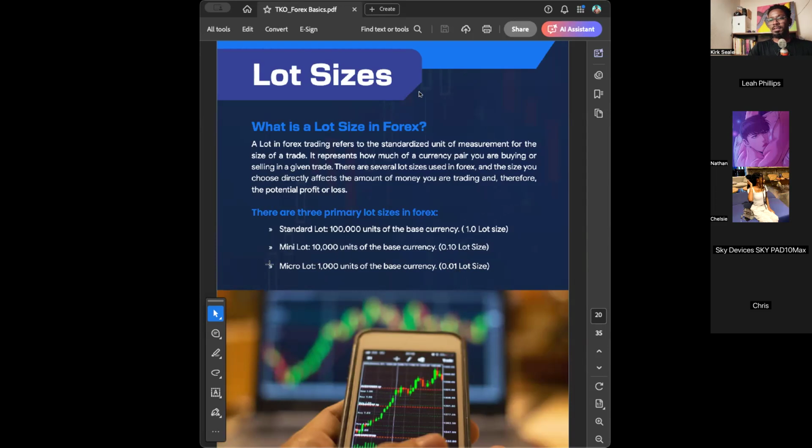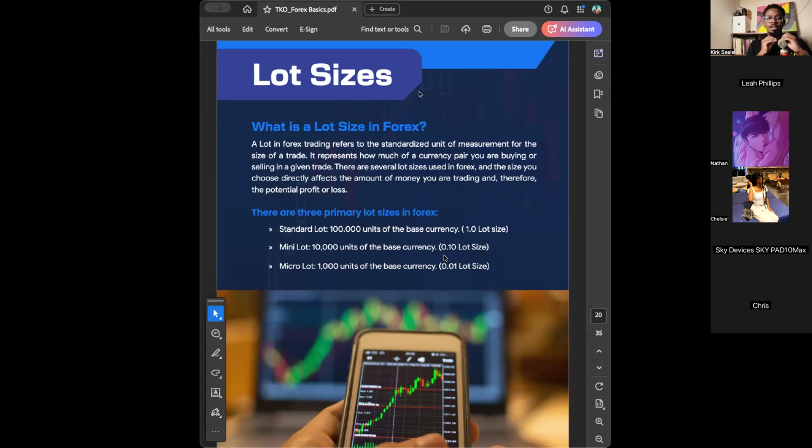The value of each micro lot: every number between 0.01 and 0.09 is 10 cents per 0.01. So 0.01 is 10 cents, 0.02 is 20 cents, 0.05 is 50 cents, so on and so on. So 0.09 is going to be 90 cents, and that is per pip.